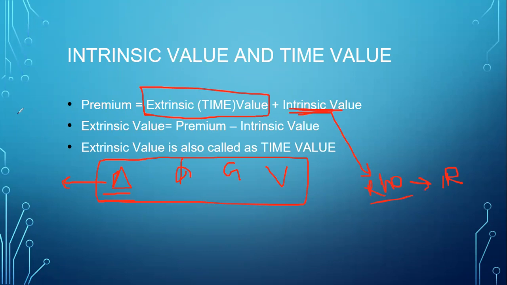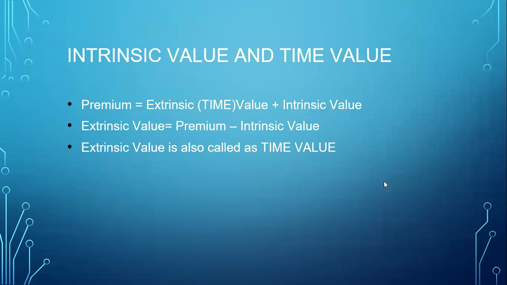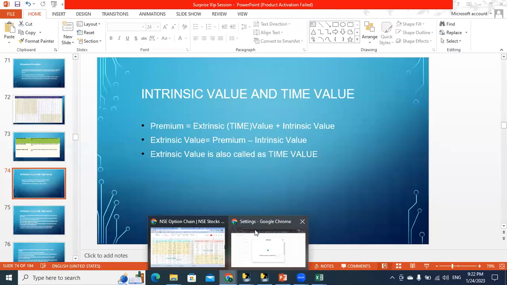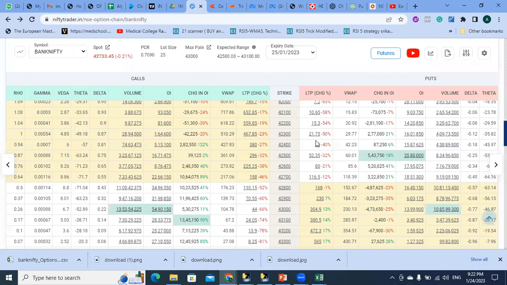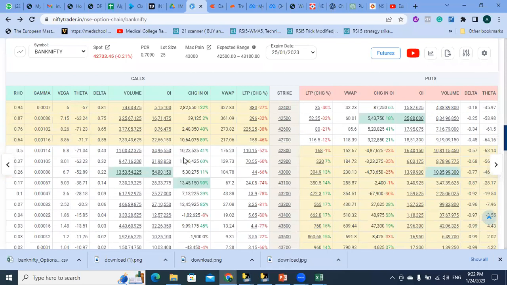That we saw. The value of delta is approximately 0.5 for an at-the-money call option. At-the-money options are generally 0.5 delta. So even if you see here, this is approximately 0.5. And as we go in the money, sorry, this is rho.